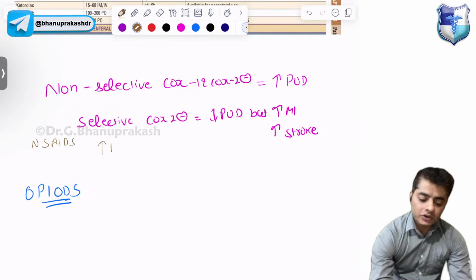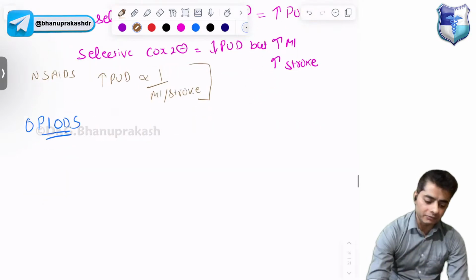So any NSAID that decreases the chance of peptic ulcer increases the chance of MI, and vice versa. Okay, that was a common formula that you should already know.